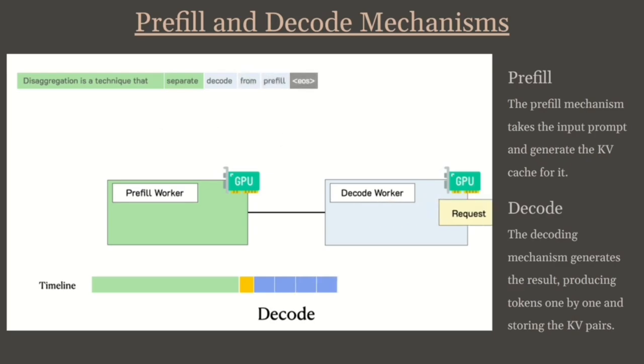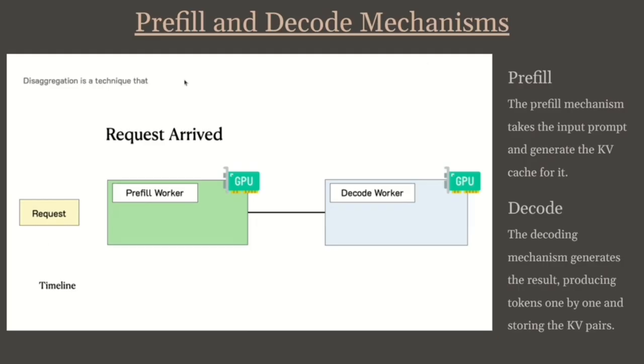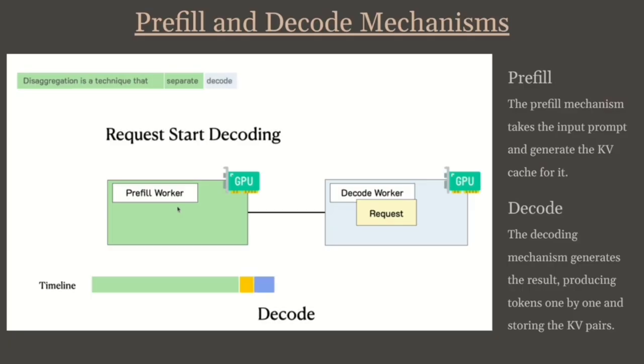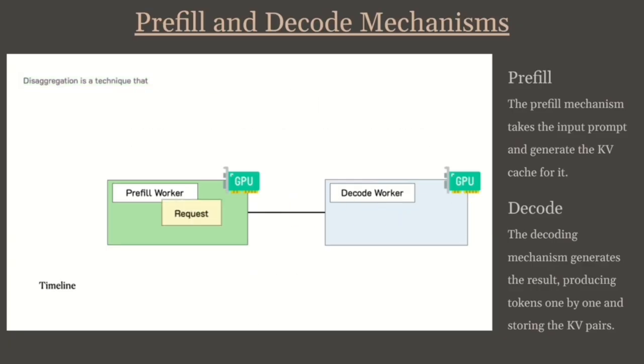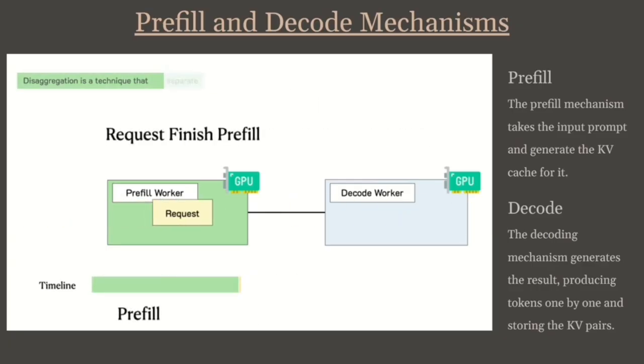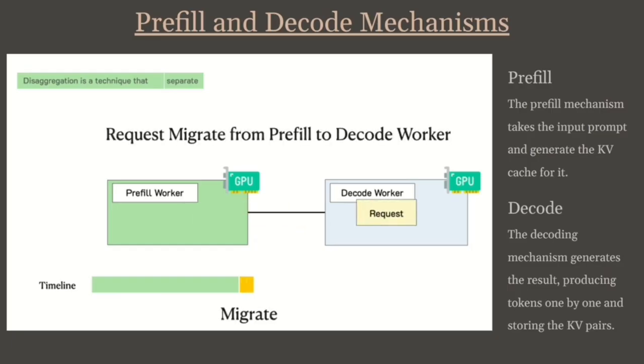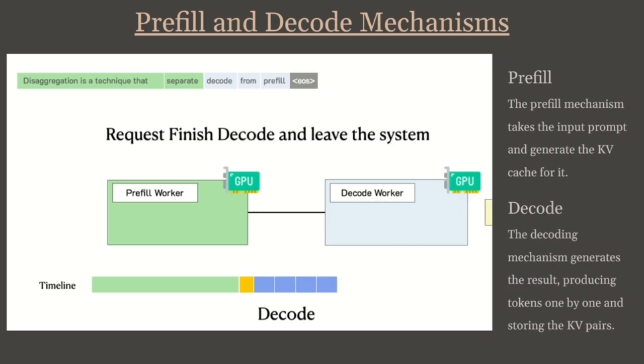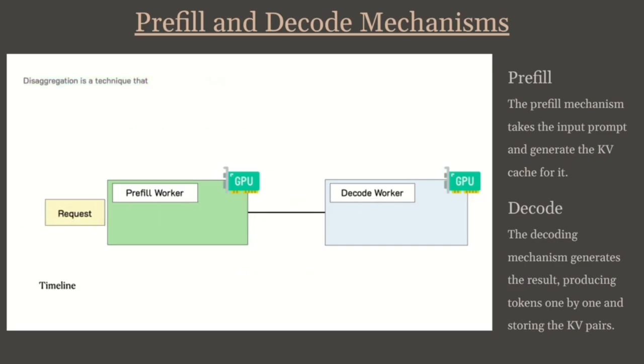If you look at this video, you can see this is our request or the input prompt we gave, and it first goes through our prefill worker, which generates the KV cache for our input prompt. It will also generate the first output token from the model.